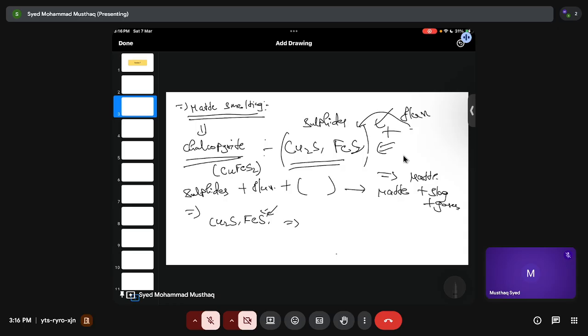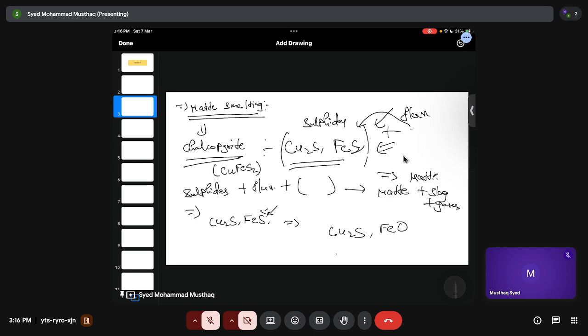And why are we doing it? Whenever you try to do this, you have your Cu2S. Iron is more susceptible to oxidizing when compared to your copper sulfide. So that's why iron will oxidize first. Iron will take all the oxygen that is there, so it will convert into your oxide.